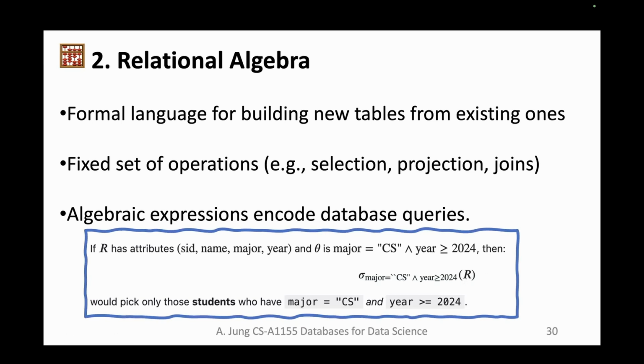So you represent the search, or you encode the search criteria in relational algebra. So this is actually the way you implement the search. And the new table, you can think of the new table as the temporary results of the search. This is the results that the search delivers.